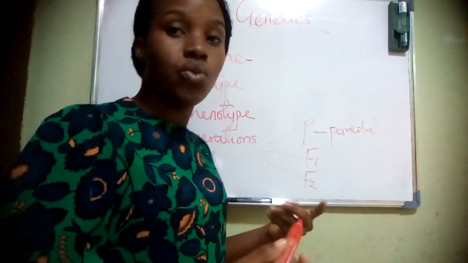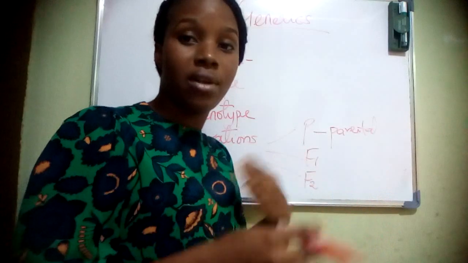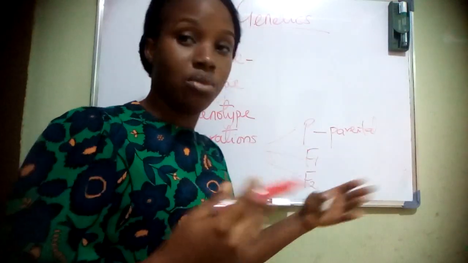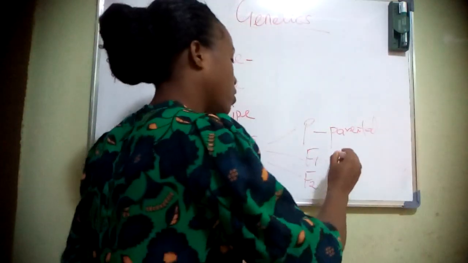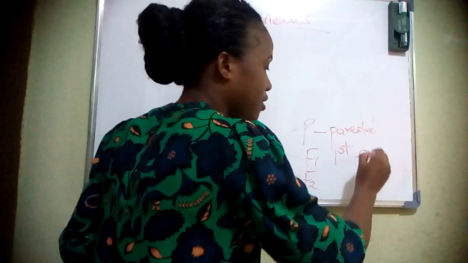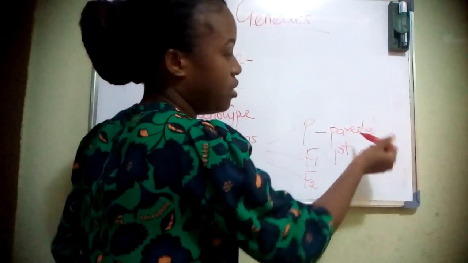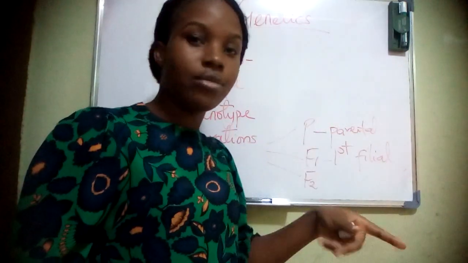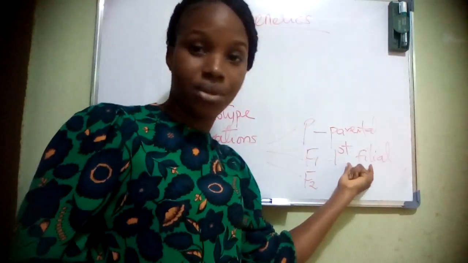This is usually done when you are trying to find out more information about a particular gene or a particular feature or phenotype in an organism or in a lineage. Then we have the F1, which stands for the first filial generation. These are the offspring of the parental generation. So when you cross this, the children or the offspring they have is called the first filial generation.